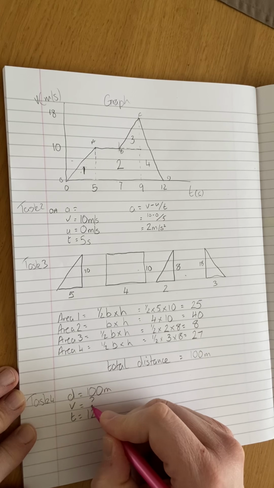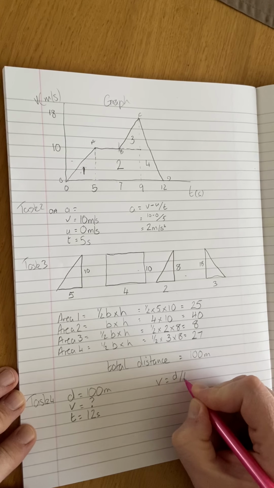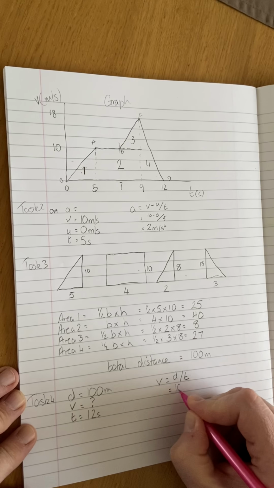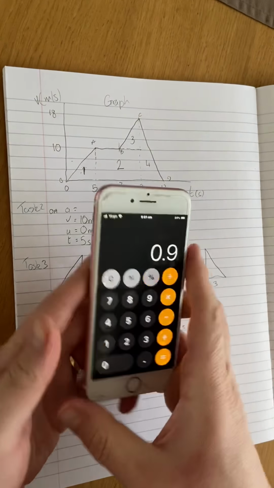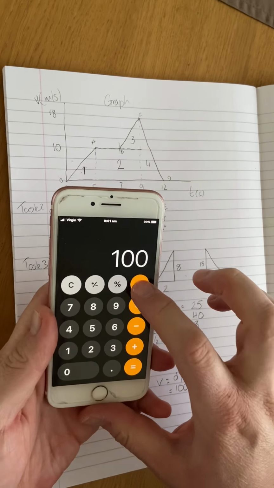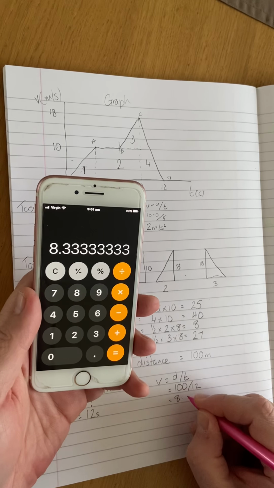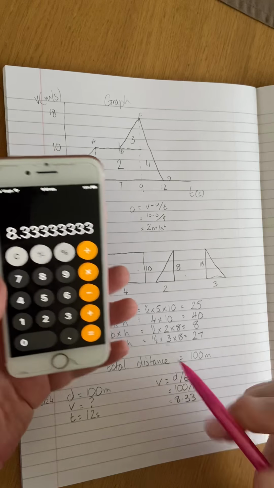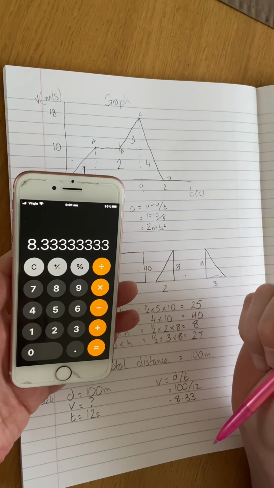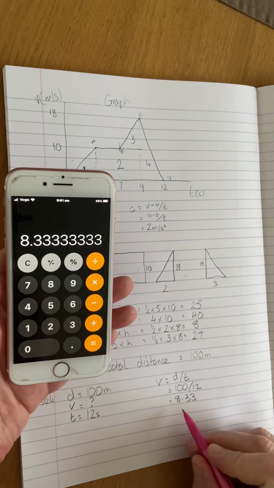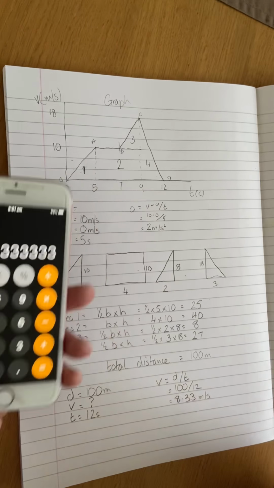So then to get my average speed, I just do v equals d over t, which is 100 divided by 12, which again, if we quickly do in the calculator, 100 divided by 12 gives me 8.33. Now remember, I know there's lots and lots of 3's, but what do we always do in physics? 3 significant figures. So that would be the 8.33 metres per second.